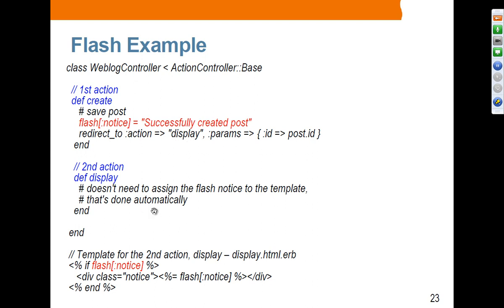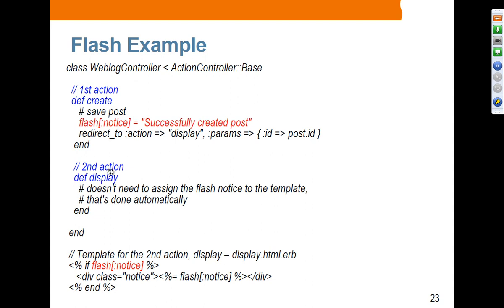When this page gets displayed, the flash notice will be displayed, and if you refresh it, it will be gone. In this code, the first action sets the flash and redirects to the second action, which calls display.